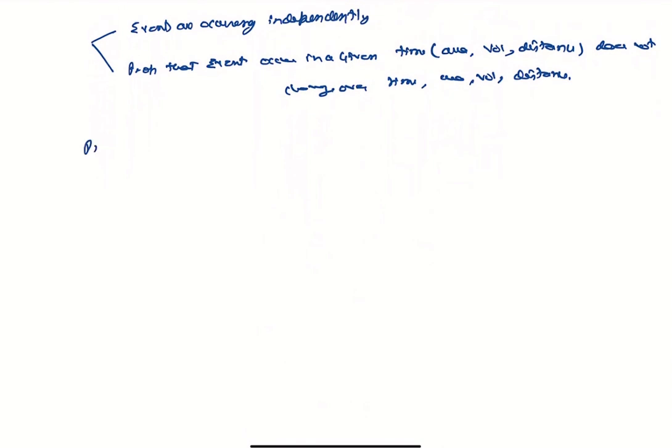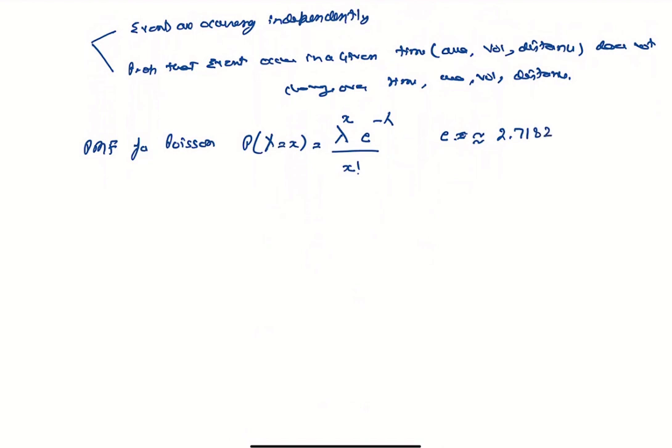And what is the PMF for the Poisson distribution? That is the probability that X is equal to little x is equal to lambda to the power x, e to the power minus lambda, divided by x factorial, and e is 2.71828, and the mean is lambda.